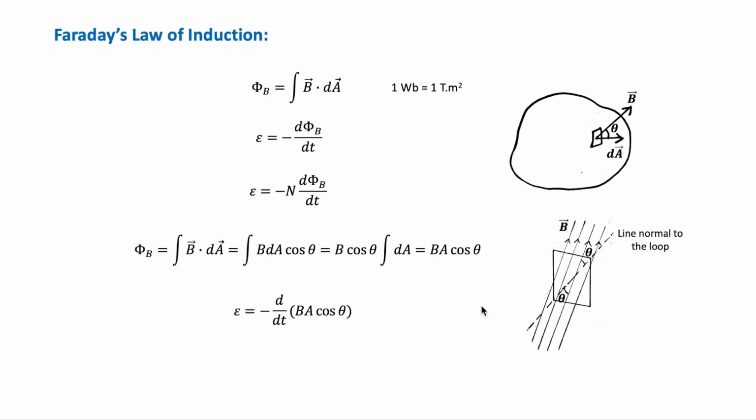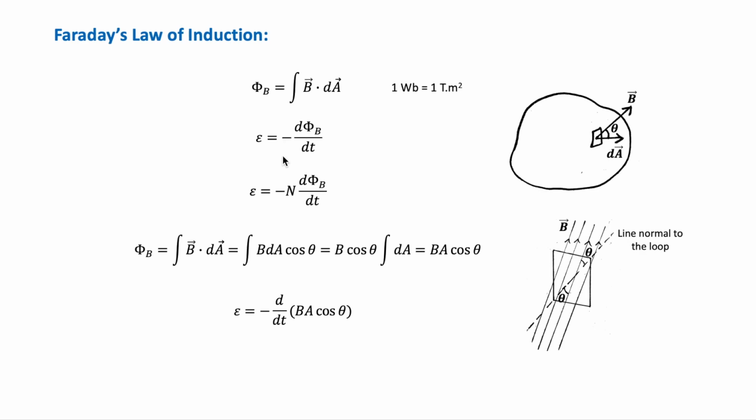So the SI unit of the magnetic flux is tesla times meter squared, which is known as the weber, okay? And so Faraday's law of induction states that an electromotive force E is induced in a circuit if the magnetic flux phi B through the surface bounded by the circuit changes with time, okay?